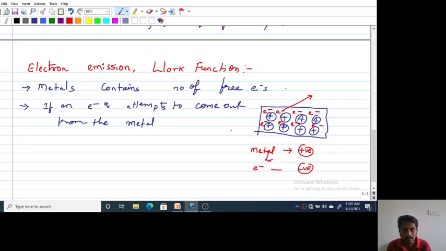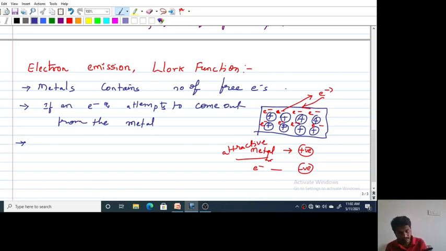There exists a large attractive force. Because of this attractive force, the electron which is trying to come out will be pulled back to the metal surface. So electrons by themselves do not come out from the metal surface.